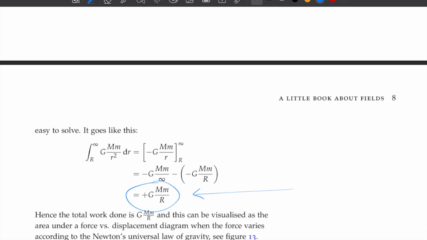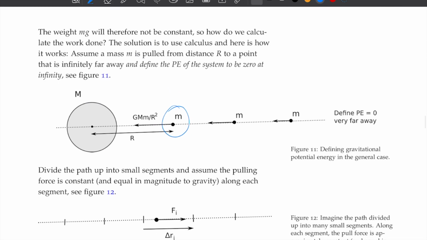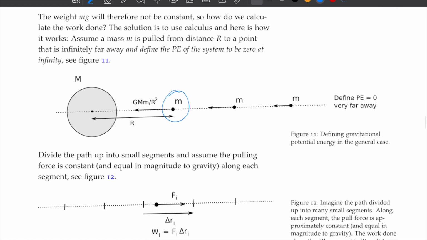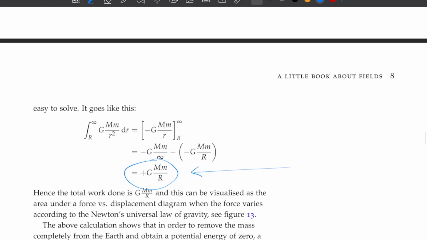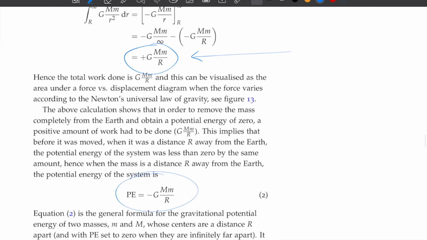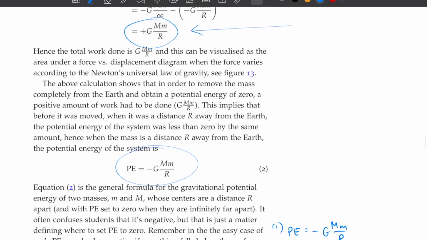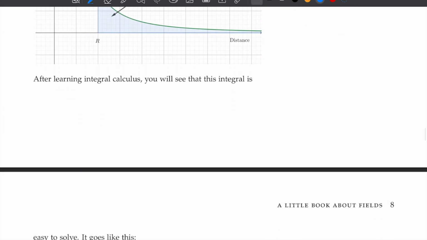And if I added that energy to the system in order to take it all the way out to infinity, where potential energy is 0, then when it was a distance r away from the planet, it must have had this amount less potential energy. So if it's 0 at infinity, I take away that amount, and I end up with the potential energy function minus GMm over r. That's the way I like to derive this formula.